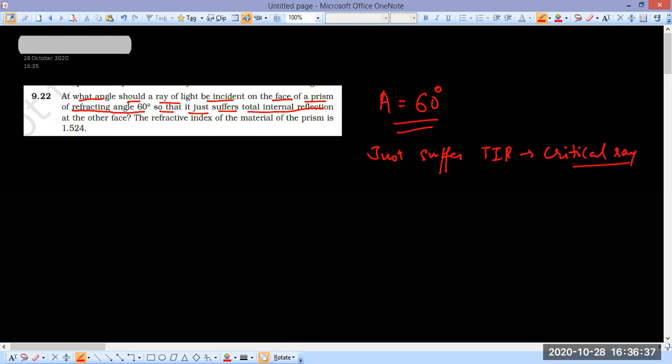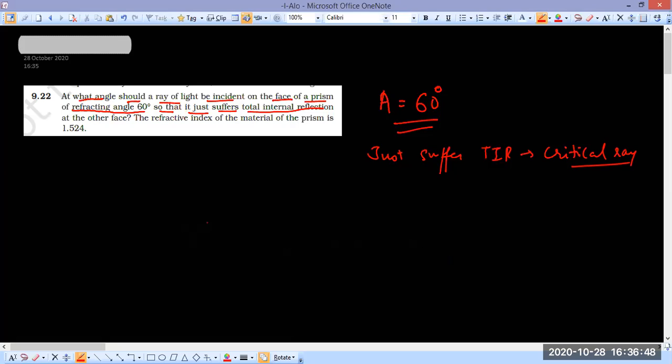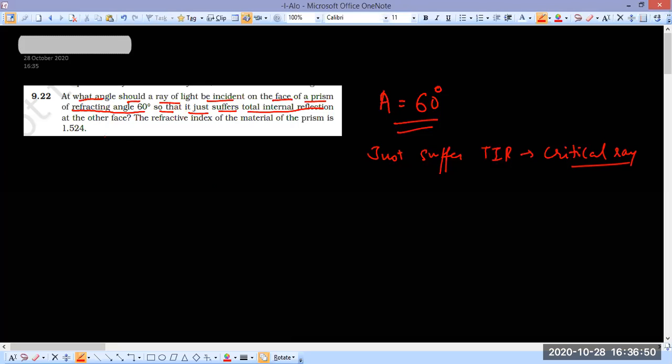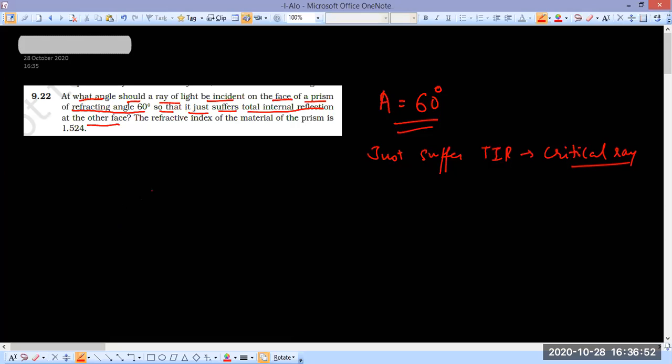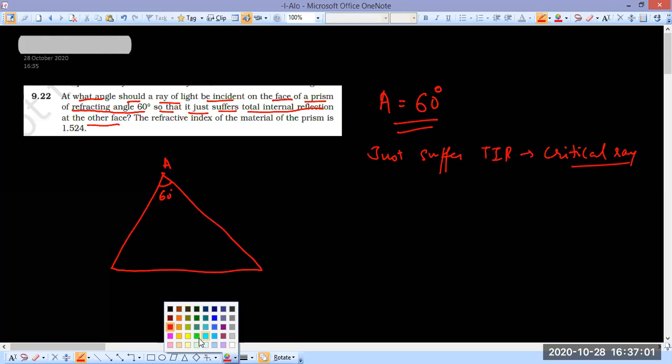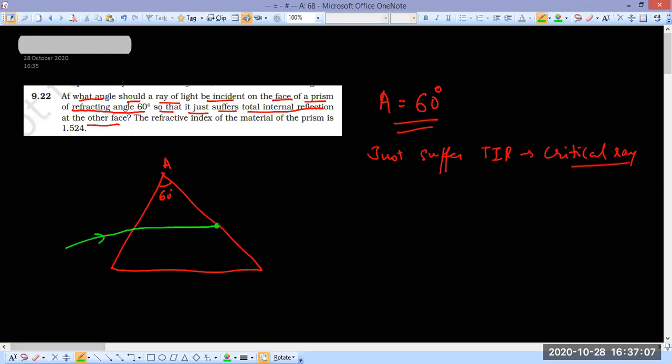Okay, and the angle of incidence at the other face should be equal to the critical angle, right? So draw the figure. Suppose this is 60 degree, the apex angle, and a ray of light comes in from here and bends here, and here it should be a critical ray.